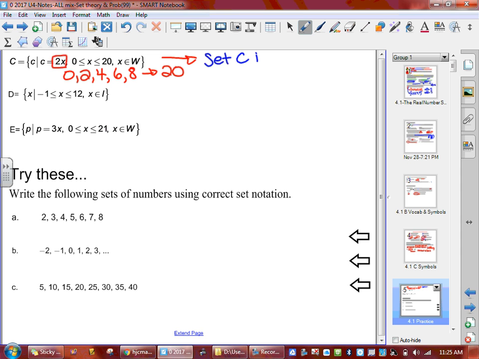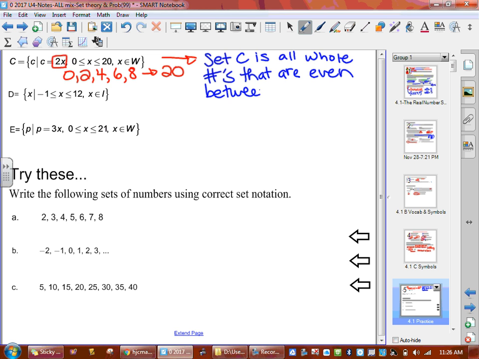Set C is all whole numbers that are even between 0 and 20, inclusive.